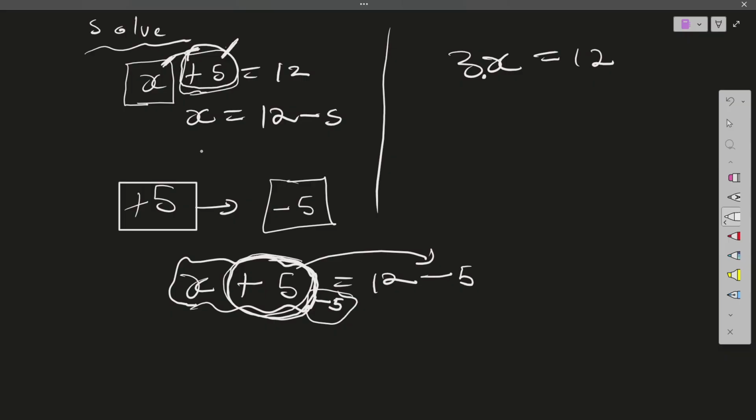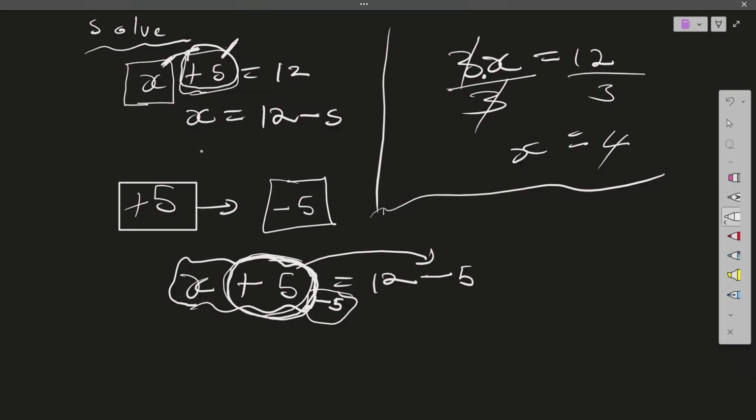So with 3 times x, we divide by 3 on both sides. That is the analogy. This 3 cancels this 3, and what is 12 divided by 3? 12 divided by 3 is 4.